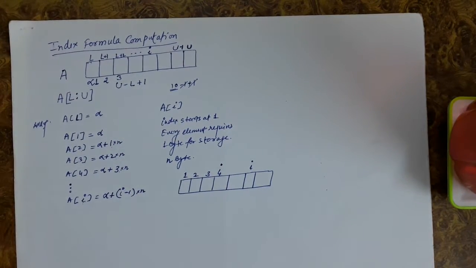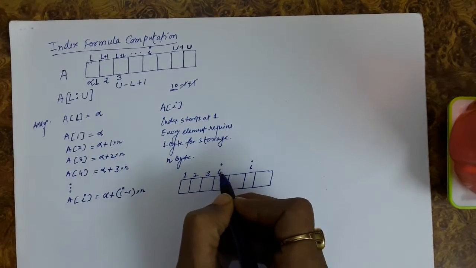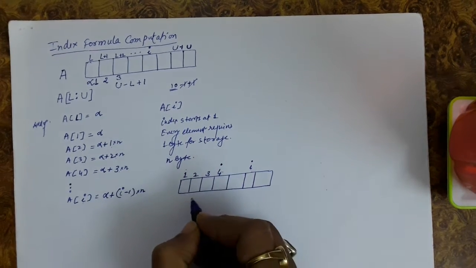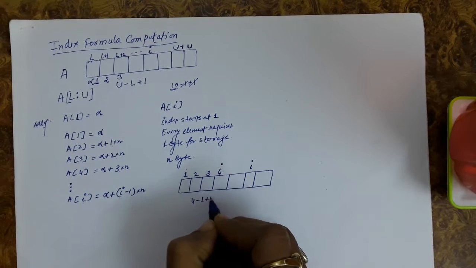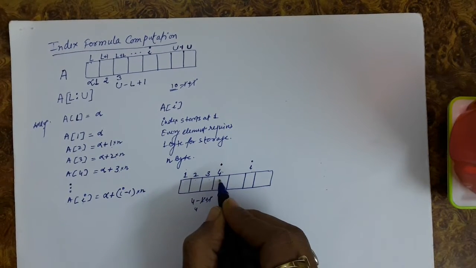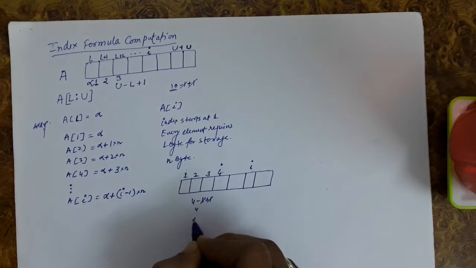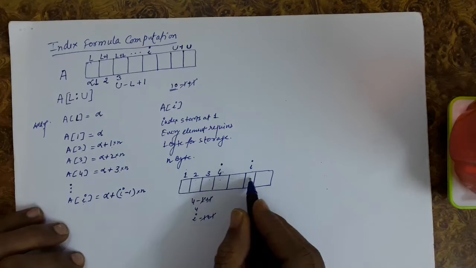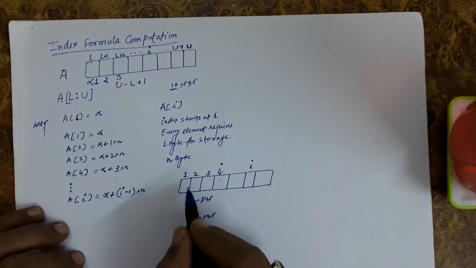So if you want to find the distance of the fourth element from the first element, this will be 4 minus 1 plus 1. It means the fourth element is 4 distance apart from the first. Similarly, for the ith element, it will be i minus 1 plus 1, so it is i distance from the first element.